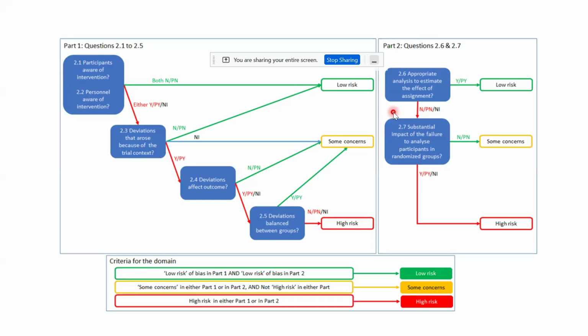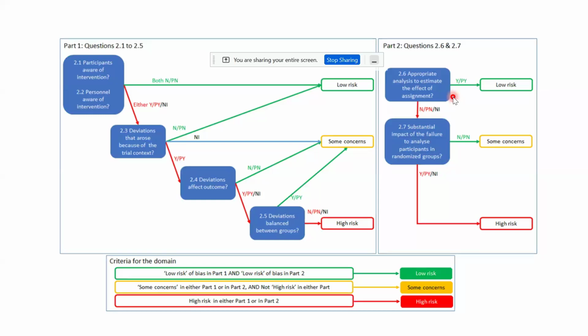Now if we are doing part 2, then in part 2 we have 2.6 appropriate analysis to estimate the effect of assignment. So what are the appropriate analysis in randomized trials to estimate the effect of assignment? Can somebody answer?